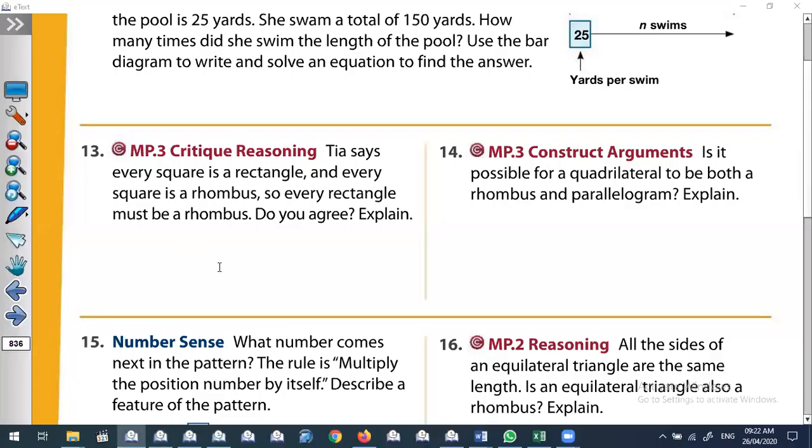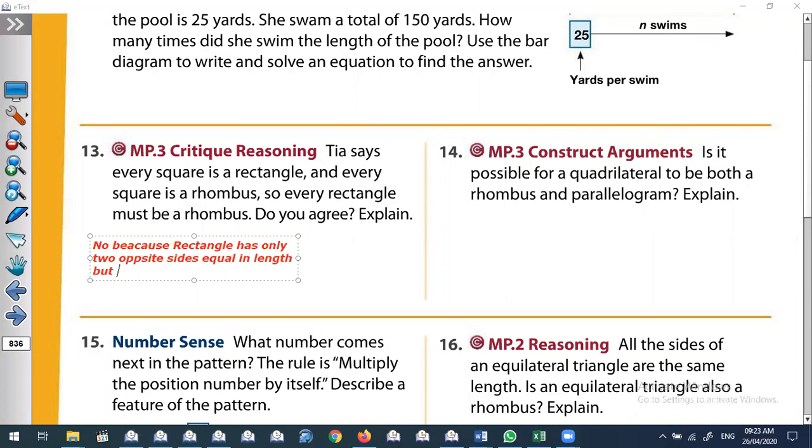The answer is no. No, because rectangle has only two opposite sides equal in length.